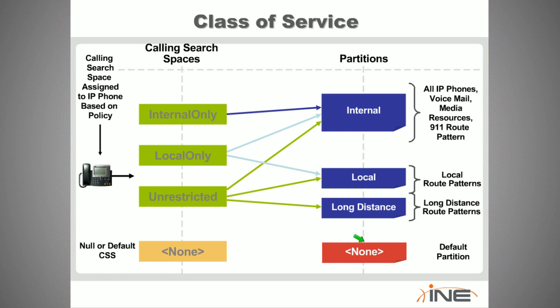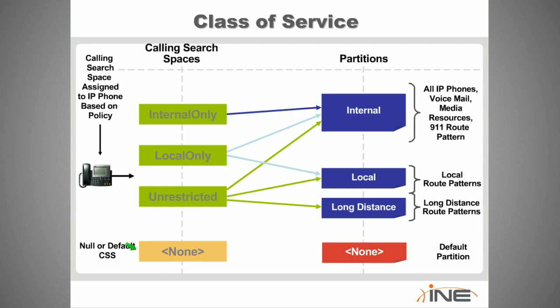There is also always the null or none or default partition. Okay? If I don't configure a partition when I do configure a DN, I have actually assigned that to a specific partition. It's just the null partition.